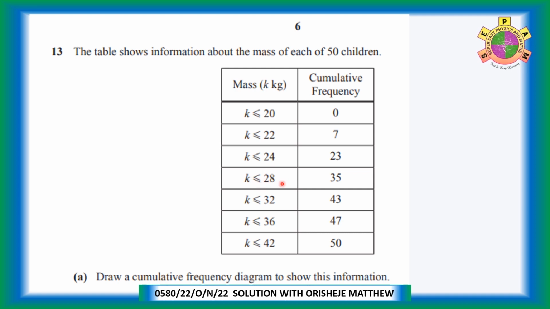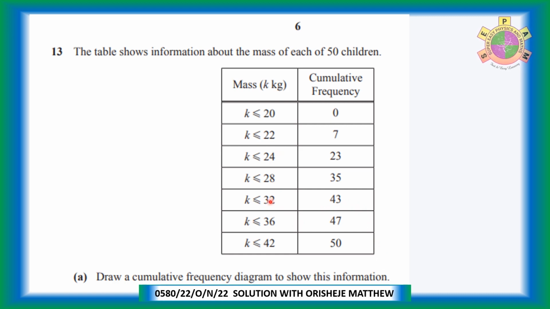Then 35 have their masses less than 28 kg. And 43 have their mass less than 32 kg. So we want to draw the cumulative frequency graph to show this information.